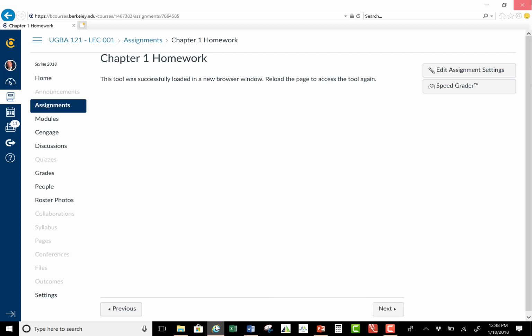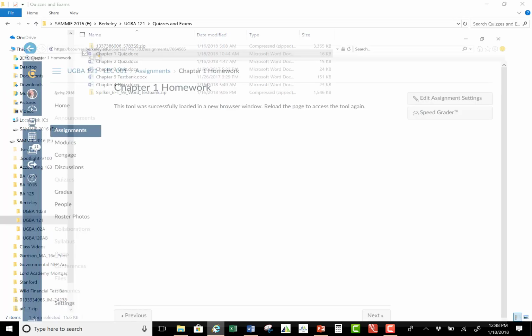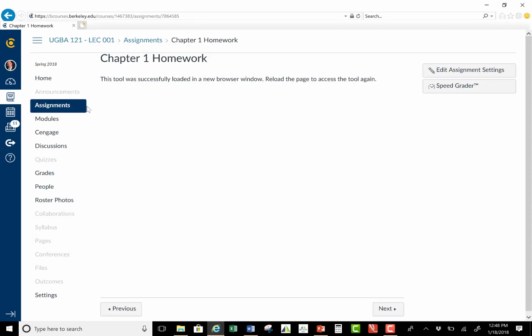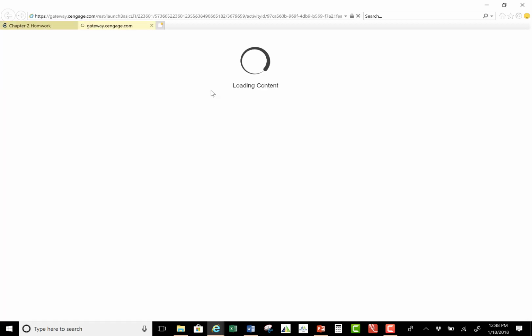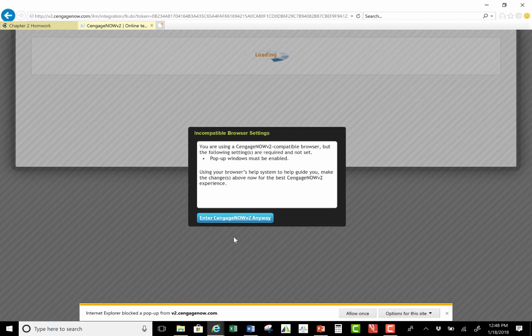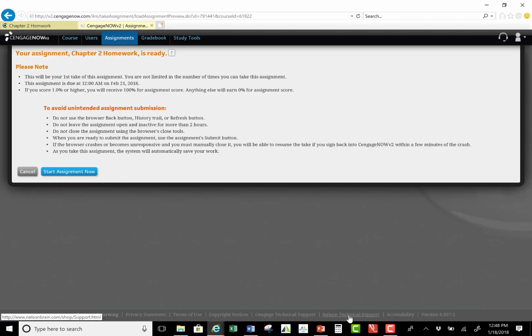Oh, it's a new window. It is. What am I supposed to hit next here? No, that'll take me to 2. Well, let's try it for homework chapter 2 then. Maybe I have to say allow. No. Start assignment.